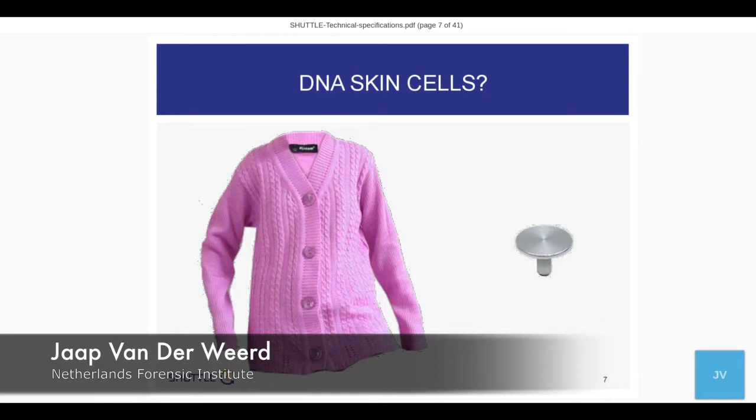So if you're interested in DNA, in skin cells, maybe somebody touched the garment of this lady and left some of his skin cells on it, you might use stubs, as you see on the right of the screen here. Those consist of a SEM stub with a little double-sided tape on top, and you can use that to collect skin cells.